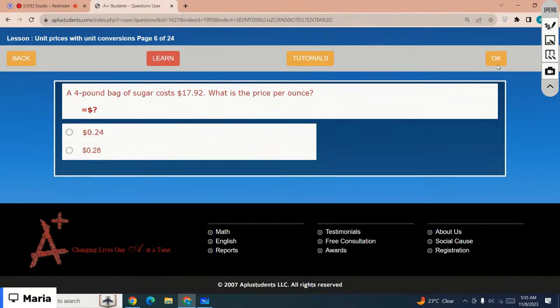A 4 pound bag of sugar costs $17.92. What is the price per ounce? So, which is the correct option? 1 pound equals how many ounces? 1 pound equals 16 ounces, right?